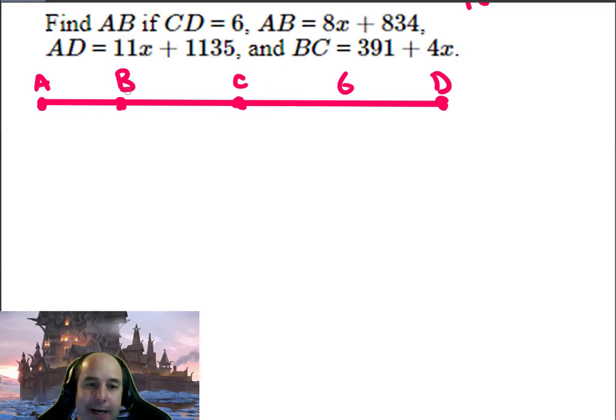We got 6. BC here is 391 plus 4x, right? And AB is, oh, that's ugly, 8x plus 834.